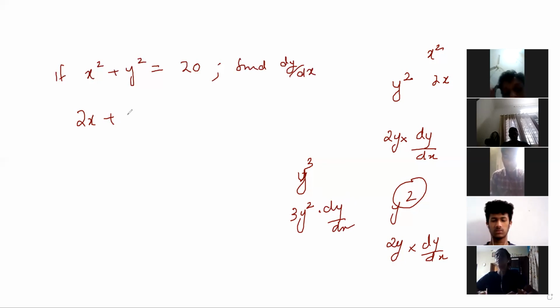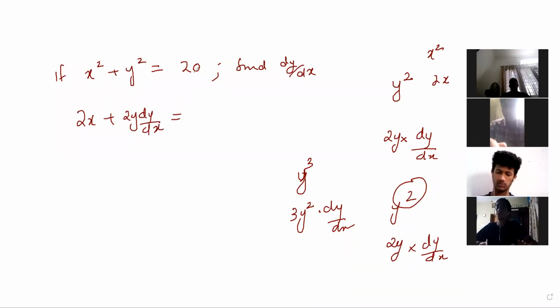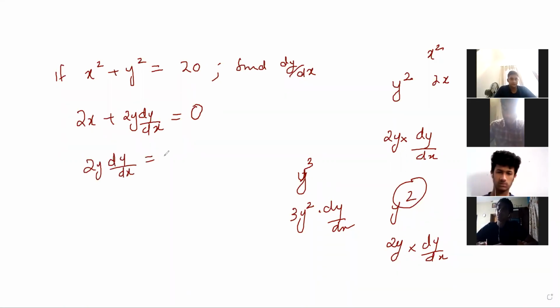See here, this will be y square now. So 2y dy by dx is equal to derivative of 20, which is 0. Now from this find dy by dx. So 2y dy by dx is equal to minus 2x. So dy by dx is equal to minus 2x by 2y.